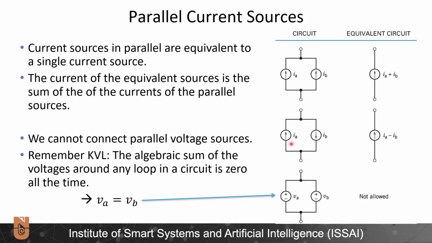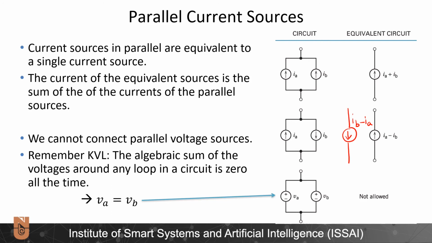Similarly, here I have IA flowing upward and IB flowing downward, and therefore the resulting current source has the value of IA minus IB. If I would have drawn this with the arrow pointing to the other direction, then I would have the current value as IB minus IA.